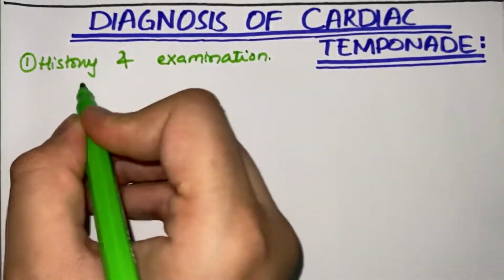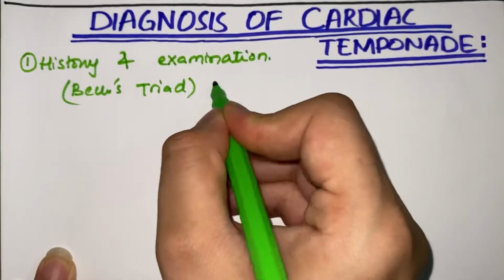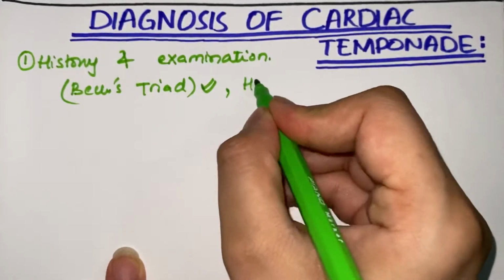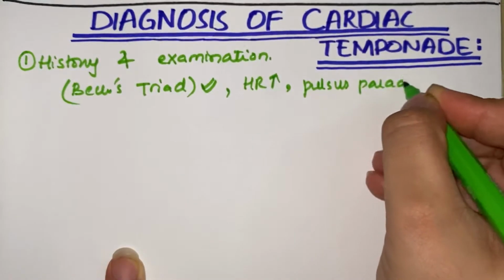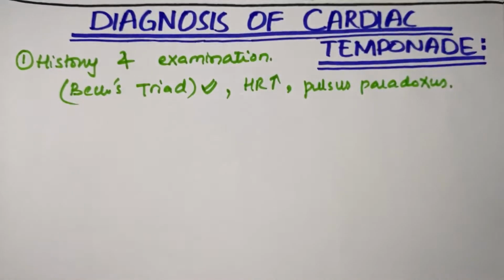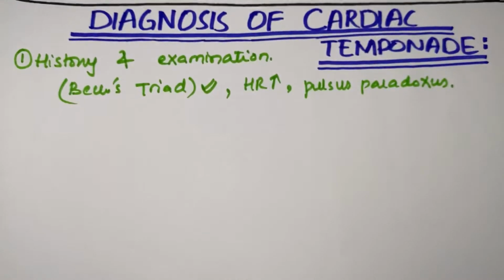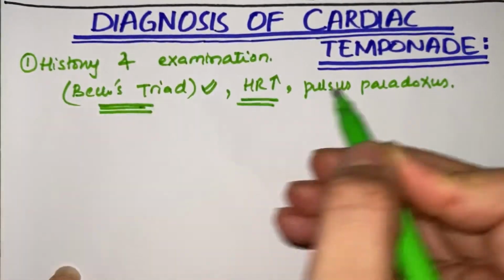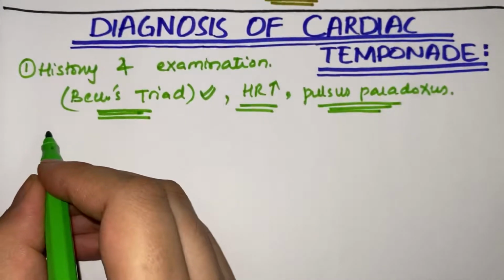The classical signs that we'll see are back stride, increased heart rate, which is characteristic, and pulsus paradoxus observed in the patient, which is also characteristic. These three features are characteristic in a patient with cardiac tamponade. So if we find these three features, we can suspect cardiac tamponade and be almost sure of it, and then we confirm it with further investigations.